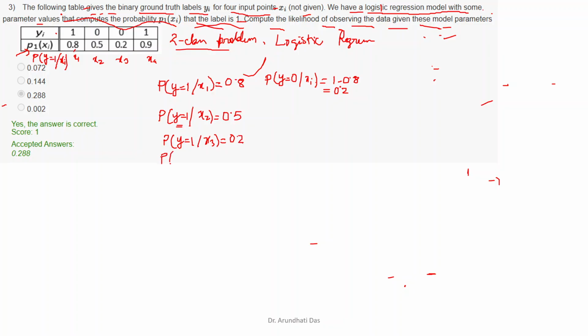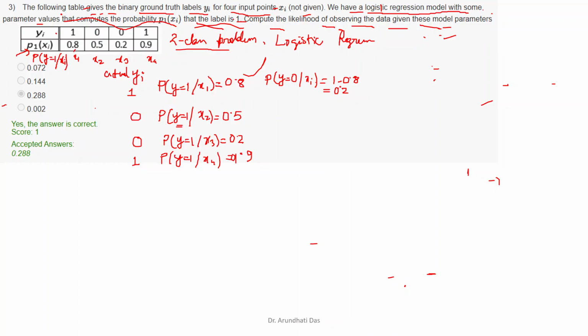For the fourth data point, the probability that the class label will be 1 is 0.9. Now we also have to see the actual class labels, the actual yi values. For the first one it is 1, for the second one the actual label is 0, for the third one the actual label is 0 again, and for the fourth one the actual label is 1.